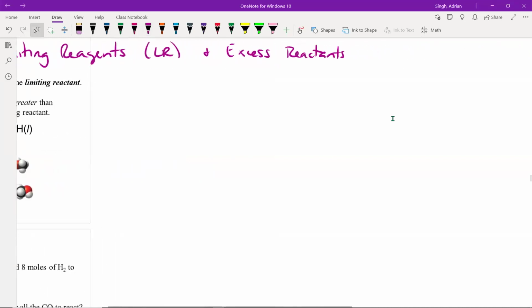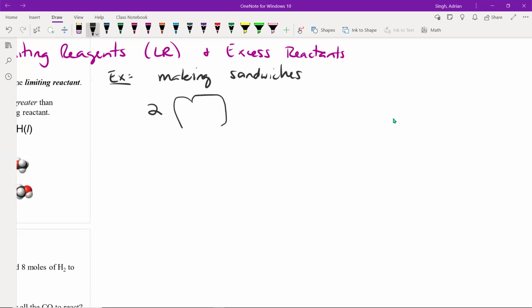Okay, so let's say that we are trying to make some sandwiches. And as I mentioned in a couple of the previous videos, a chemical equation is kind of like a recipe. So we're going to follow a recipe to make our sandwiches. We're going to need 2 slices of bread, and just imagine that this is a slice of bread.